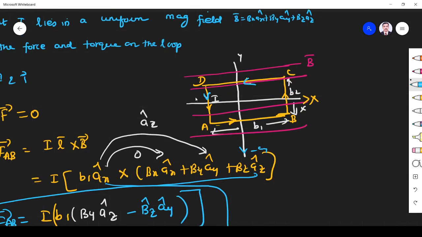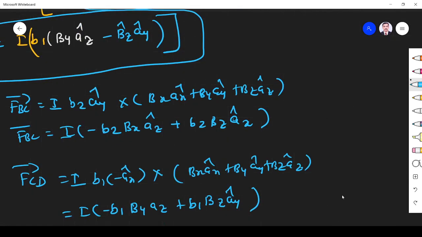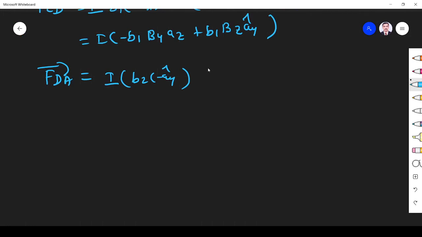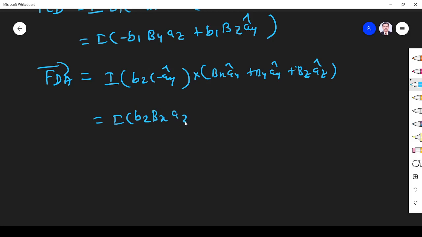So it is I B2 minus ay cross Bx ax plus By ay plus Bz az. If you simplify, you get I into B2 Bx az minus B2 Bz ax.